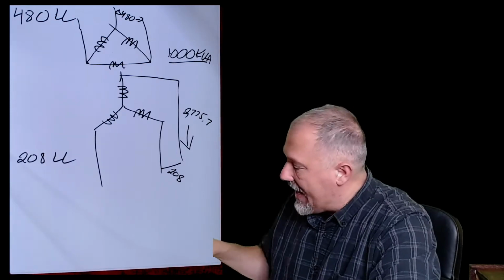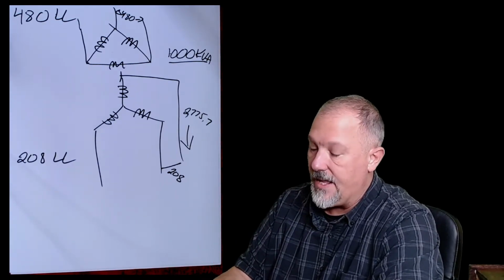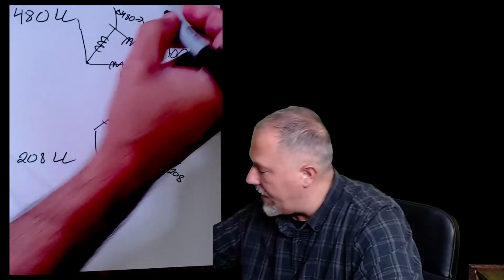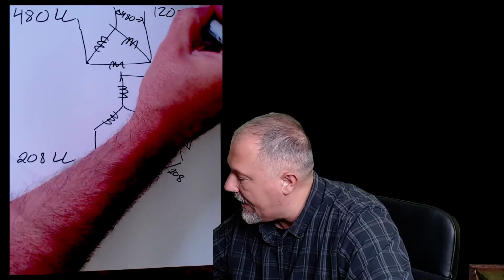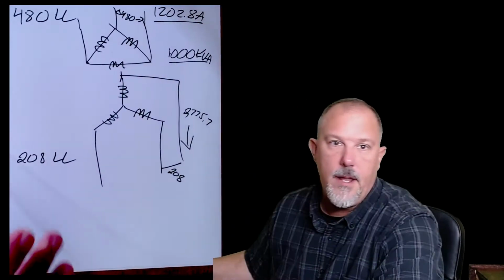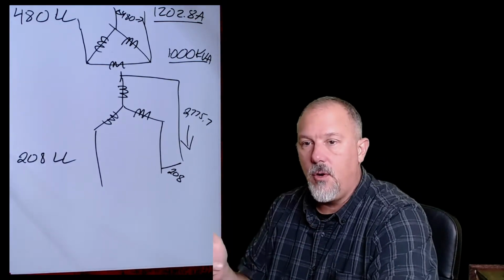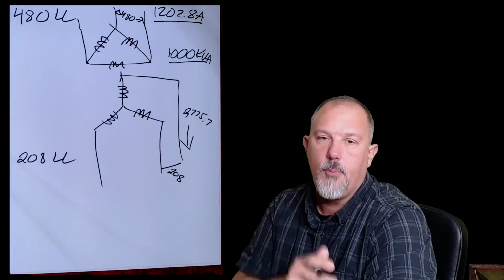Now, if I take that times 208, divide that by 480, I should get 1202.8. So that means this is 1202.8 amps, full load amps. That's simply using 208 on the secondary and 480 on the primary.